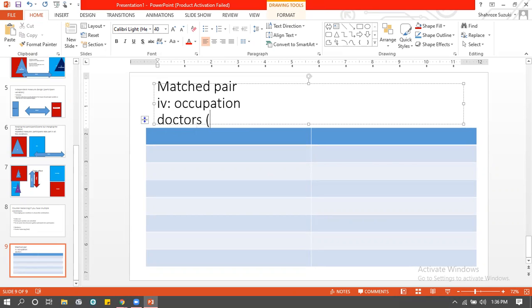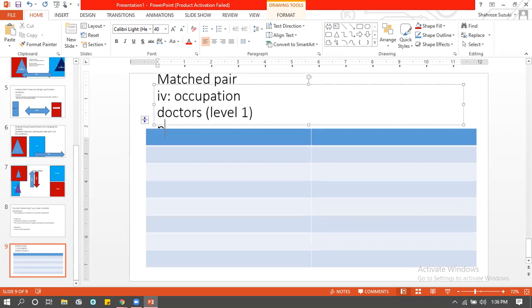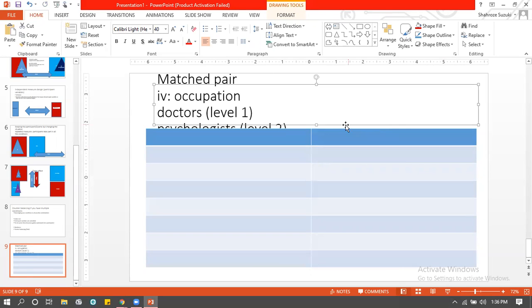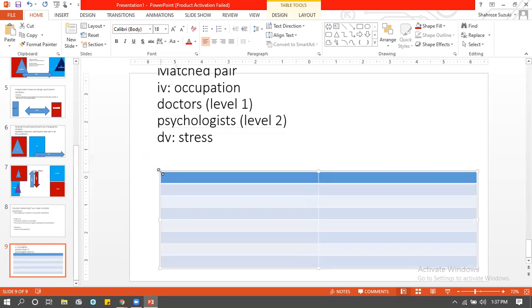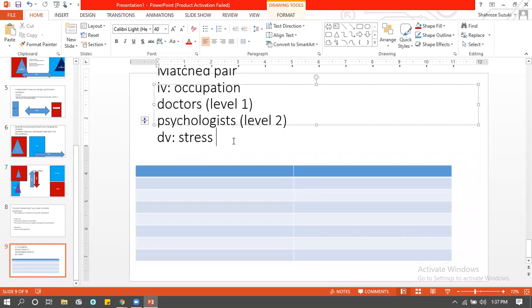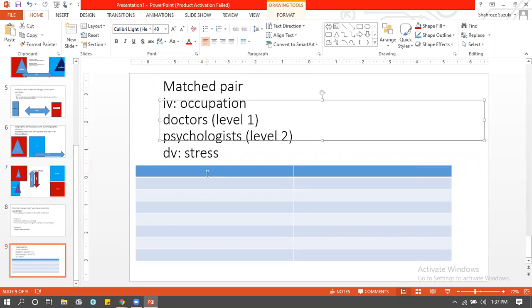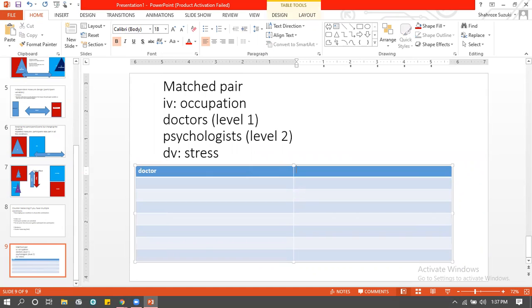Doctors is level one, and psychologists is level two, and my dependent variable is the level of stress. I want to find out who is stressed the most. DV is stress. So I'm going to have a group for doctors and a group for psychologists, and I'm going to compare their stress levels to see which group has the least stress and the most stress. That's fine. All right.